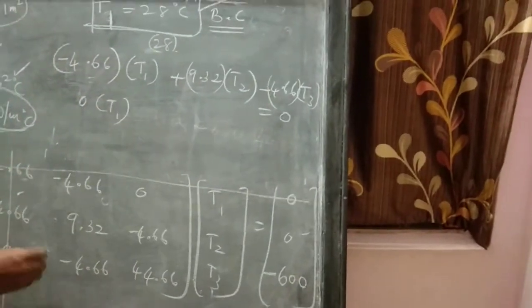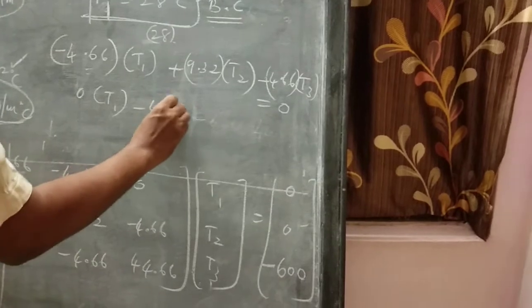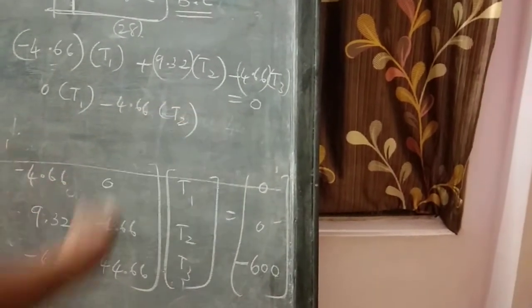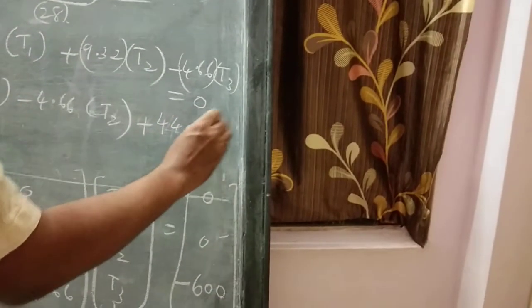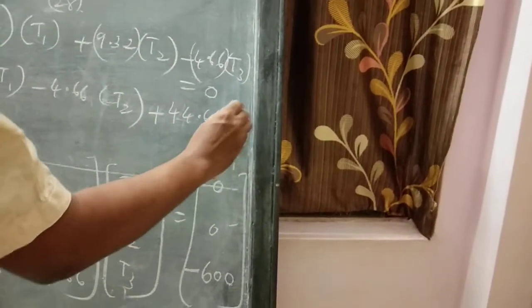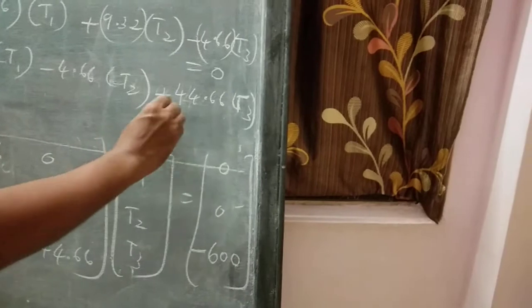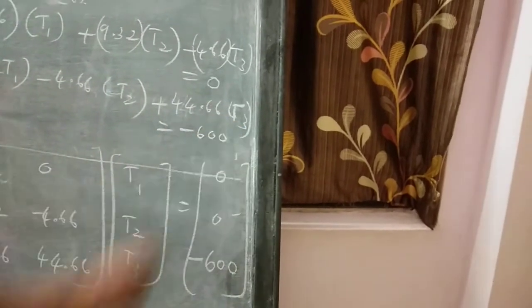Next, the third equation: 0 into T1 minus 4.66 T2 plus 44.66 T3 equals minus 600.